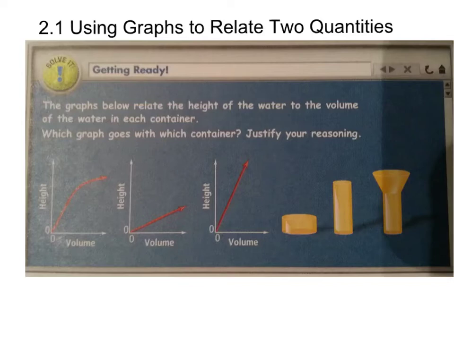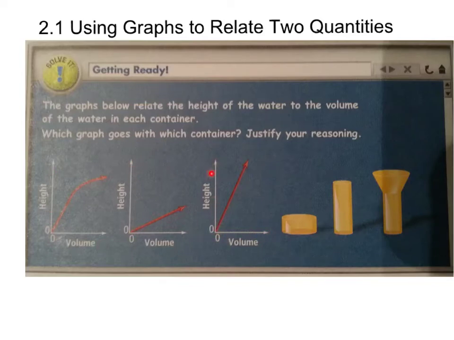Justify your reasoning. Now, I'm not asking you to draw this all down, but I do want you to make note. If you want to sketch these shapes and what the graphs represent, the arrows, this is what we're relating. So the first thing we notice, we're relating the height of the water to the volume of the water in each container. So it's very important to understand what we're doing in these graphs.